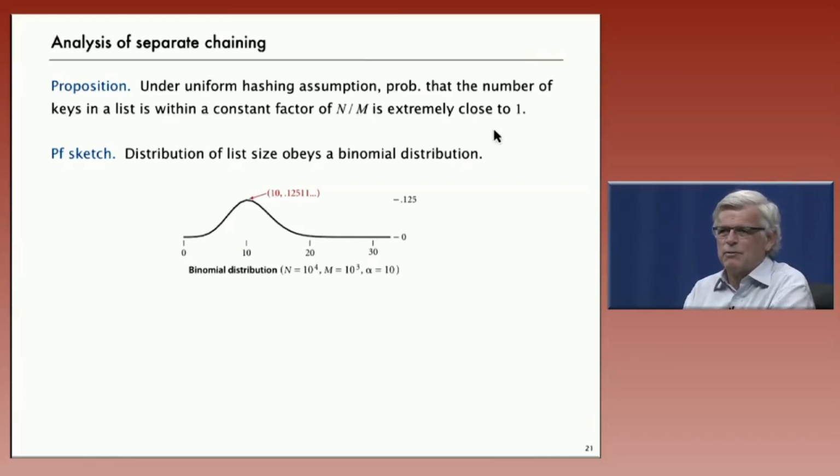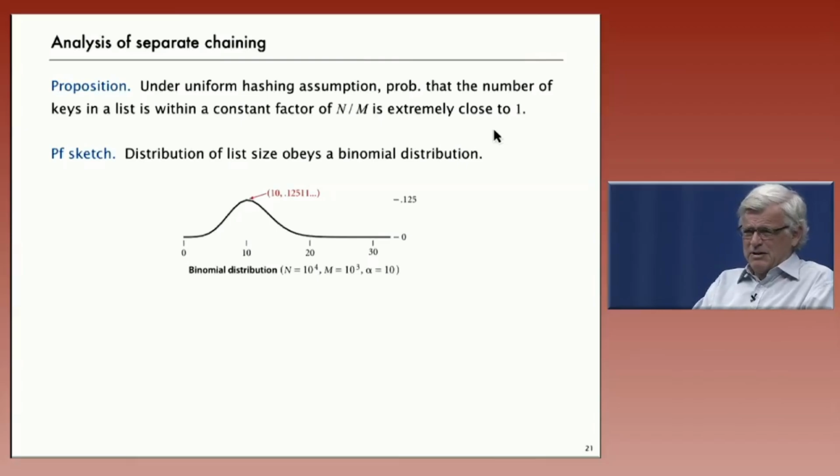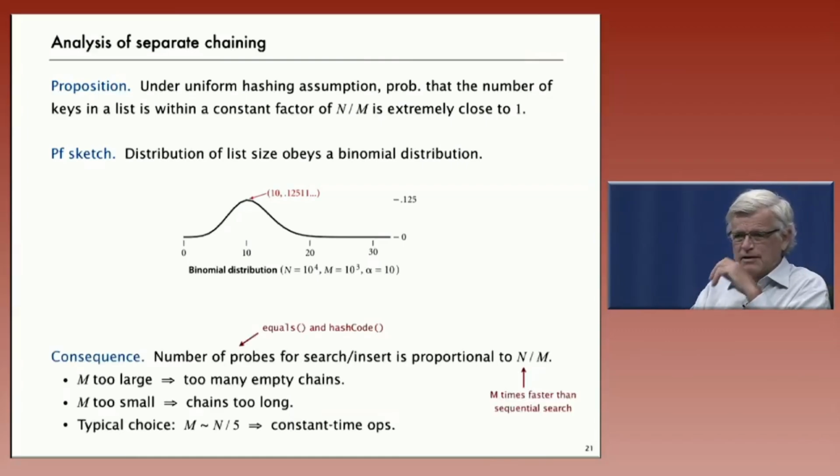So it means that we've divided the search cost, which would be n if we have a sequential search, by a factor of m. And in many applications, even setting m equal to 100 or 1,000 is going to be very effective, and that's why so many systems programmers use that. So the number of probes for search and insert is proportional to n over m. Now, typically what a programmer would do is try to figure on making m about equal to the number of keys divided by 5, say.